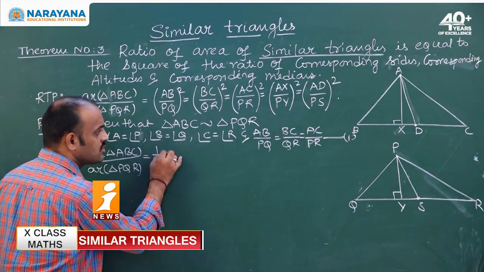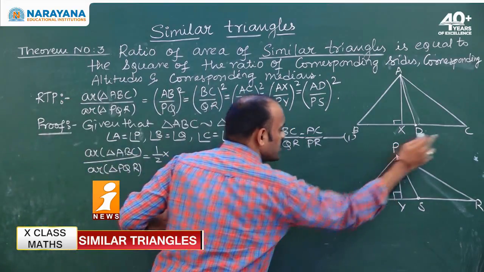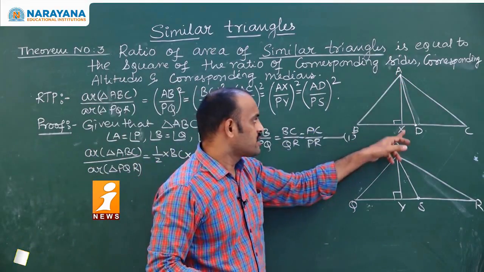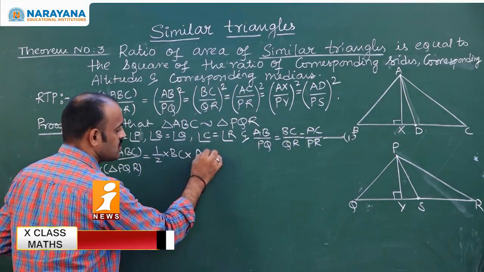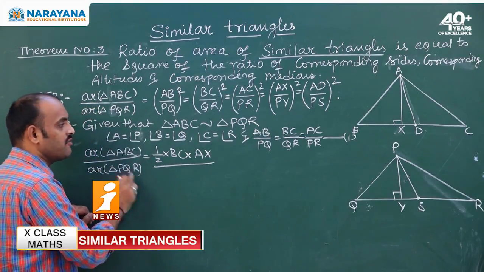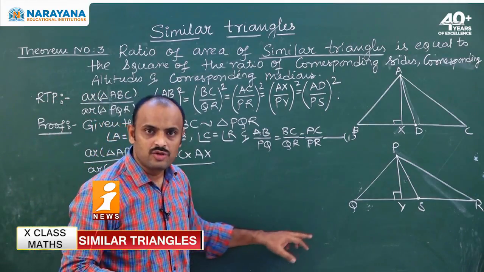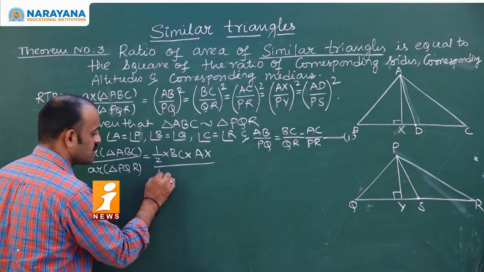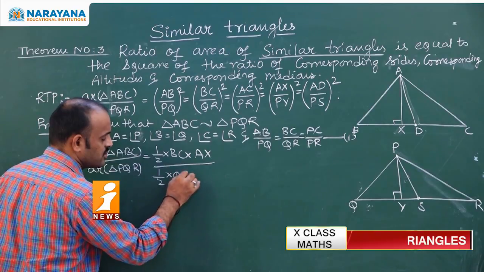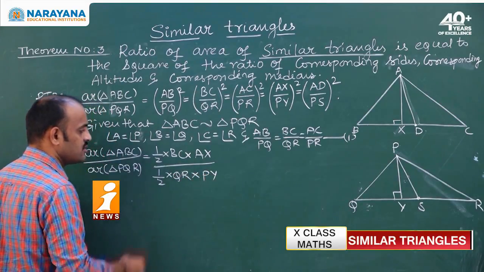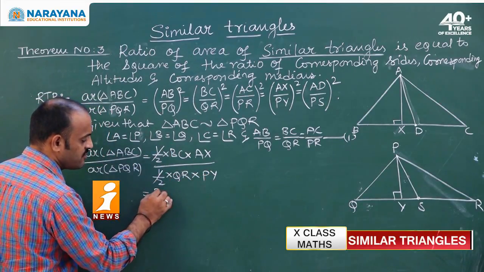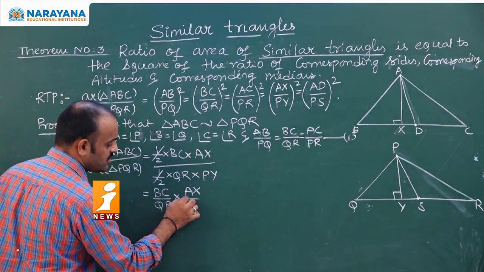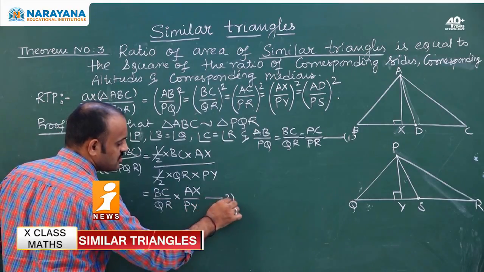For triangle ABC, half into base BC, height AX, and area of triangle PQR, half into base QR and height PY. Half and half get cancelled. We have BC by QR into AX by PY. This is second.